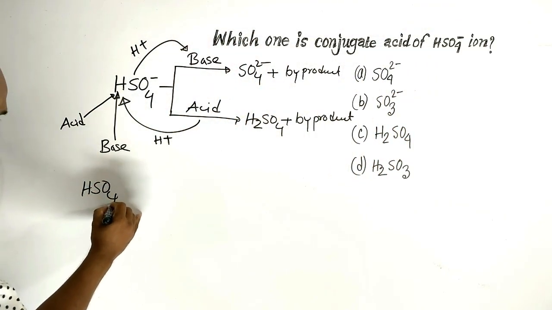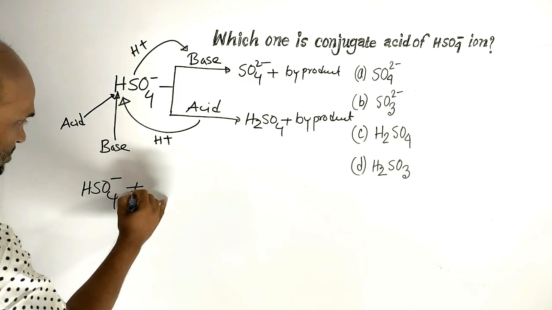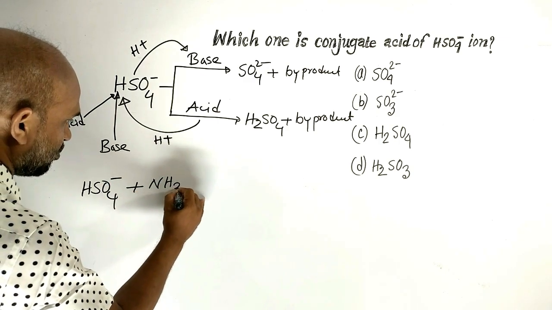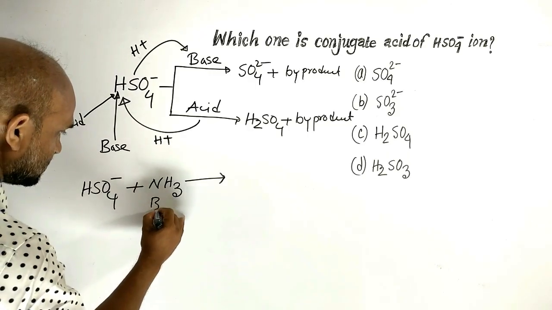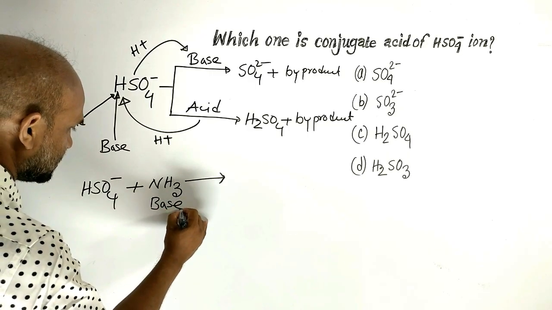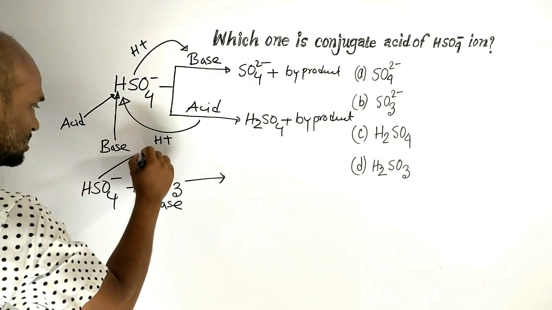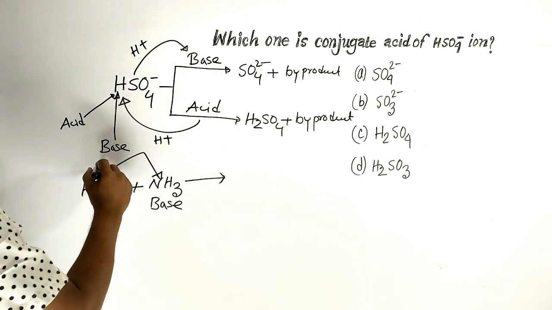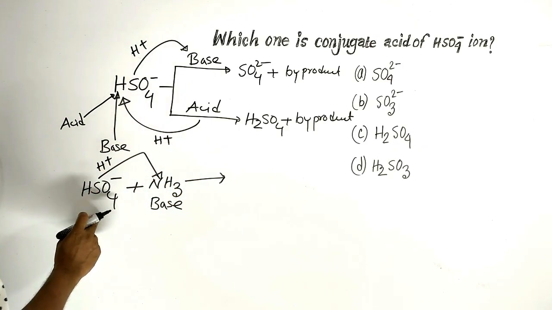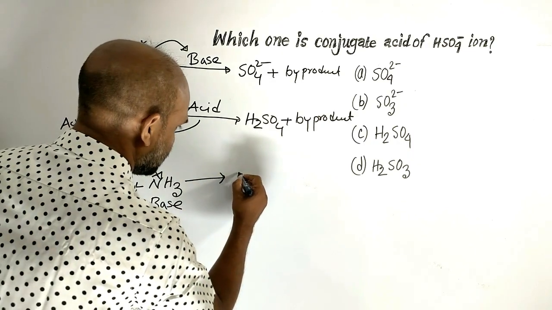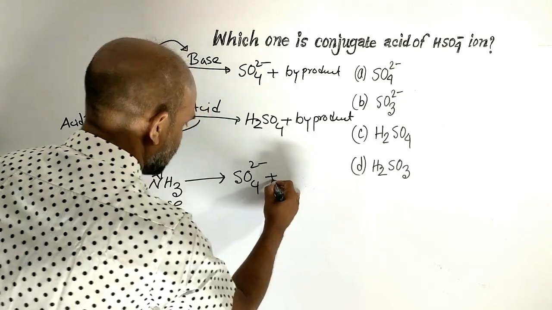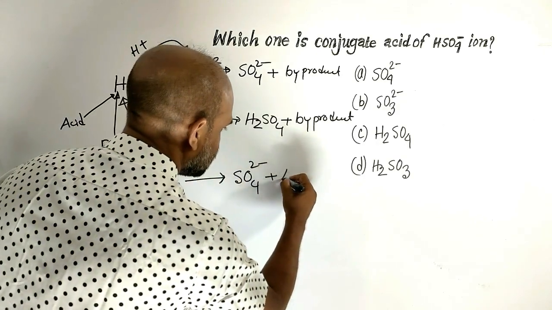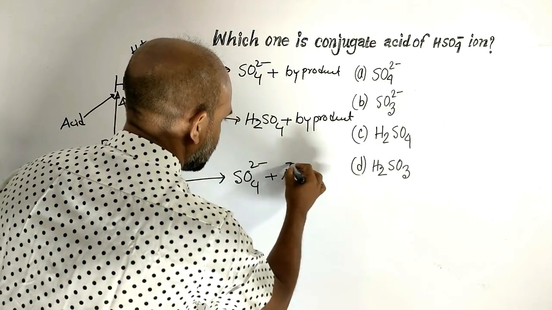Bisulfate ion, when this is treated with ammonia, this is a base. Ammonia is a kind of base. In that case, the bisulfate ion donates a proton to ammonia, and as a result, the bisulfate ion turns into the sulfate ion and ammonia turns into the ammonium ion.